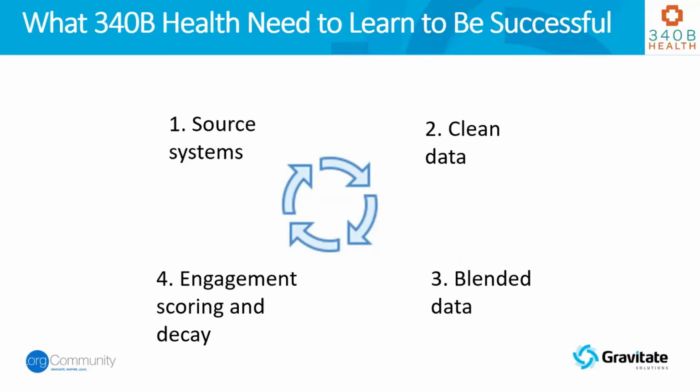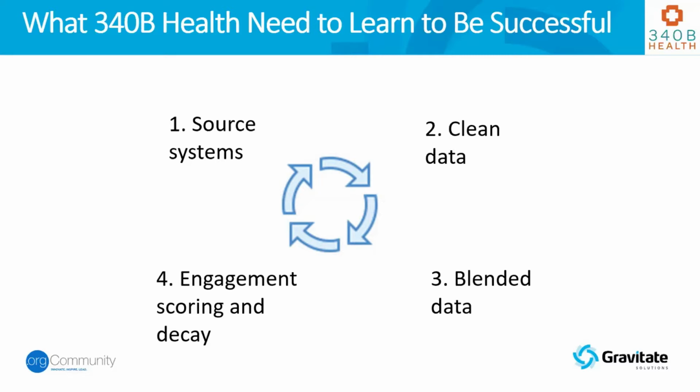I talked a little bit about blending, and I'll talk a little more about that in a moment. And then we had to really get into the concept of scoring the engagement, and coming up with a good methodology to do that, as well as decaying the scoring. So clearly, I don't want to give credit to a member for an activity they did a long time ago. So the scoring has to start to decay at some point in time.